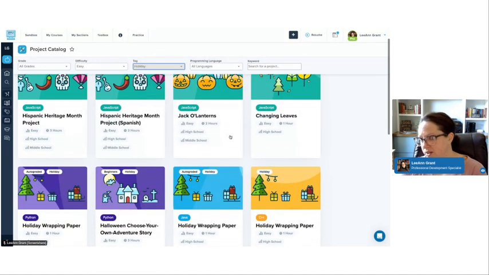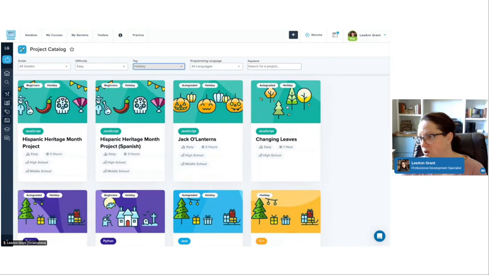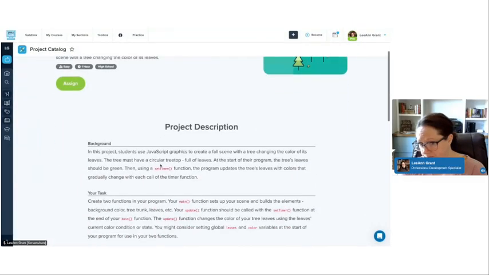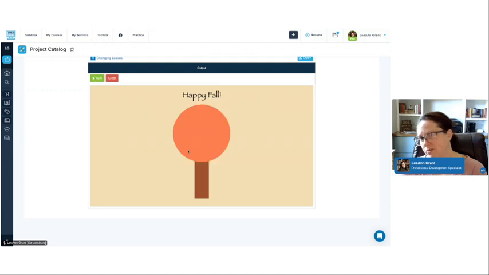some holiday things. So let's say changing leaves. This is an easy one for high school. It is auto-graded. Go in here, learn about the code, have them do it themselves. Investigating it, you're not teaching it throughout, but they can go into here. You assign it to them, and then they actually do this, and this is what they would create essentially.